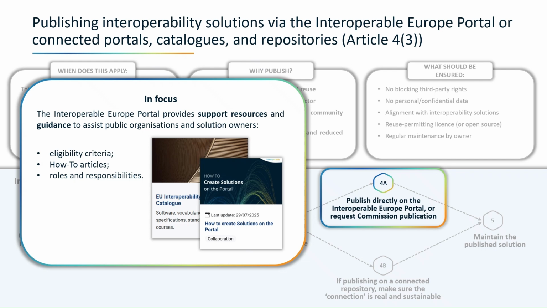This is important because publication is not only about making a file available once. It is about making the solution discoverable, reusable, and properly maintained over time so that other public organizations can identify it, understand it, and decide whether it can support their own needs.